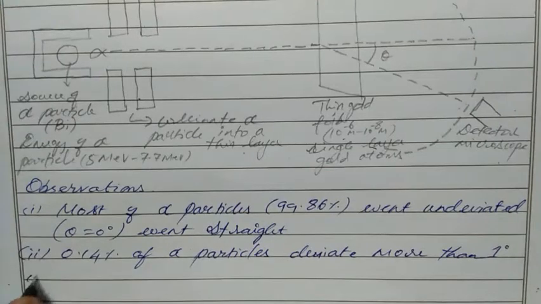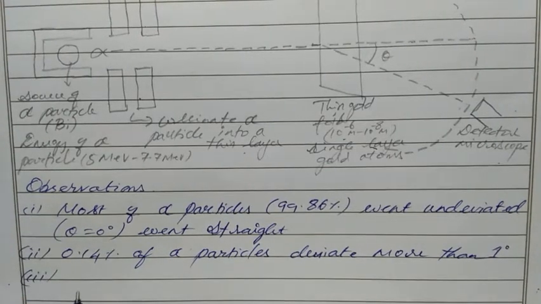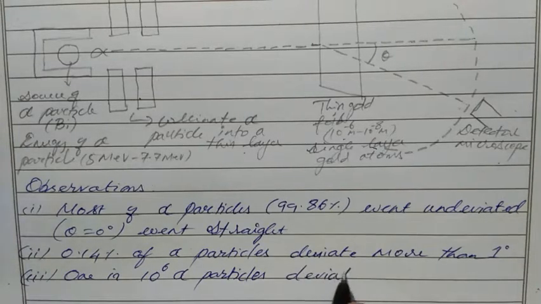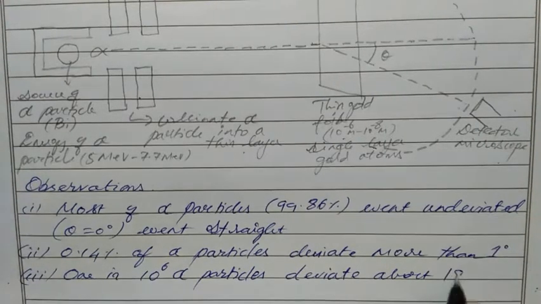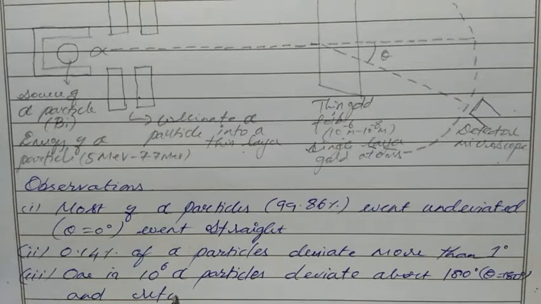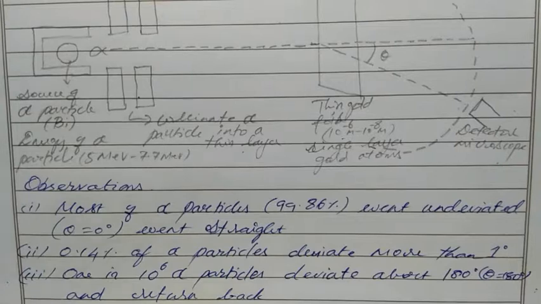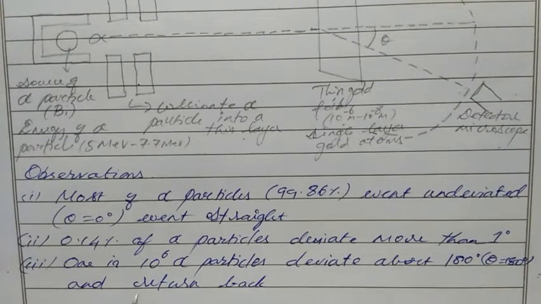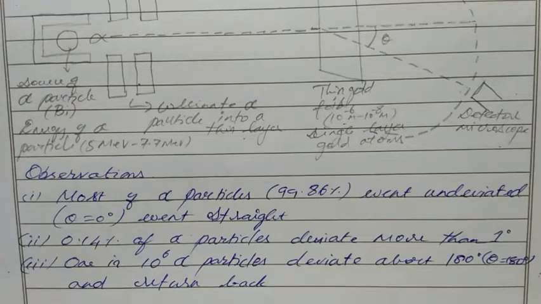Then the third observation: 1 in 10 to the power 6 alpha particles deviate about 180 degrees, which means theta equal to 180 degrees, and return back. 10 to the power 6 means 10 lakhs, that is 1 million.